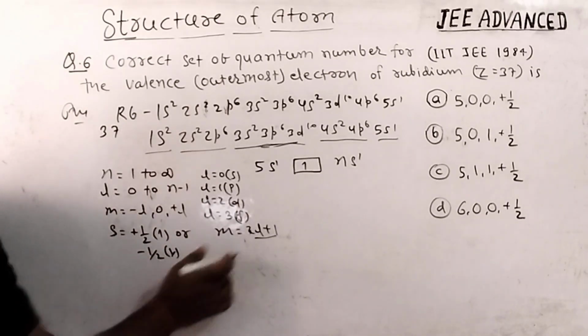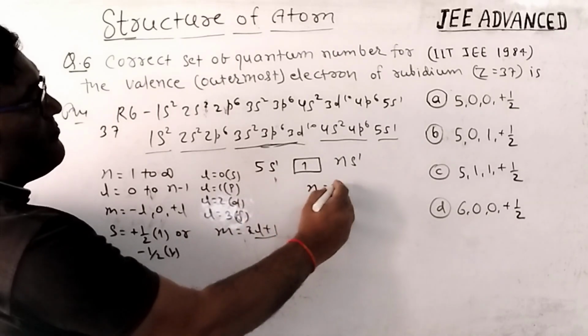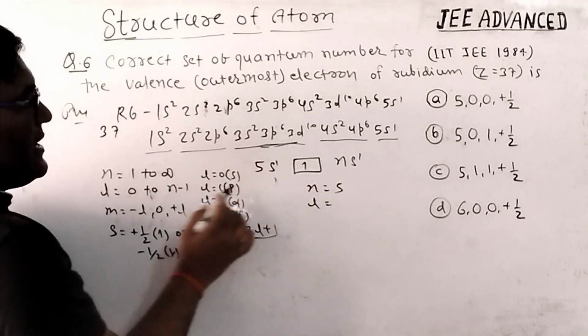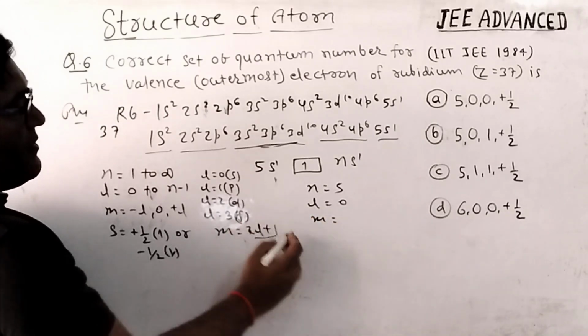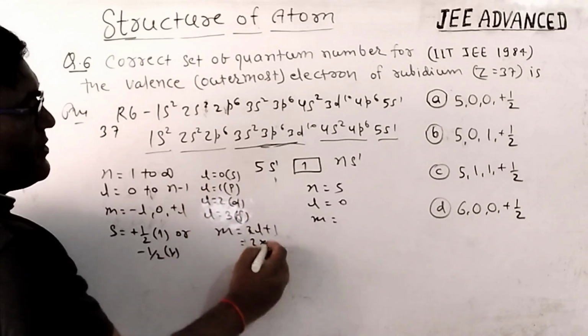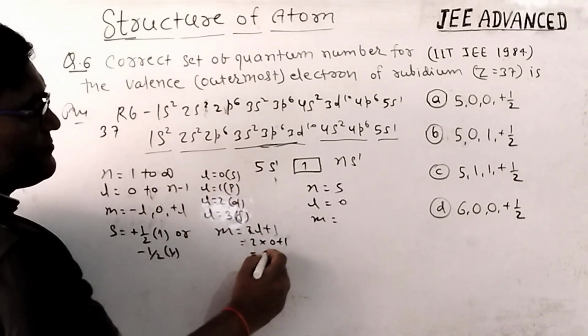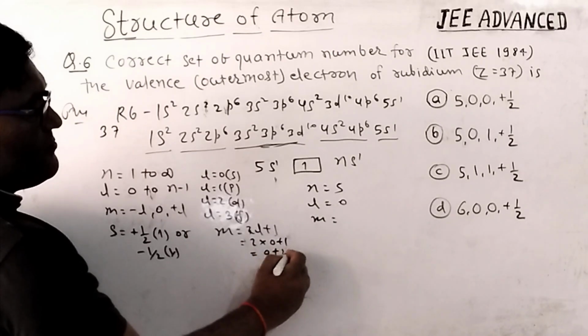Now we can find the set of four quantum numbers. Now n is equal to 5, l is equal to 0 for s, m is equal to 2l plus 1. So 2 into the value of l, which is 0 for s, 0 plus 1 is equal to 1.